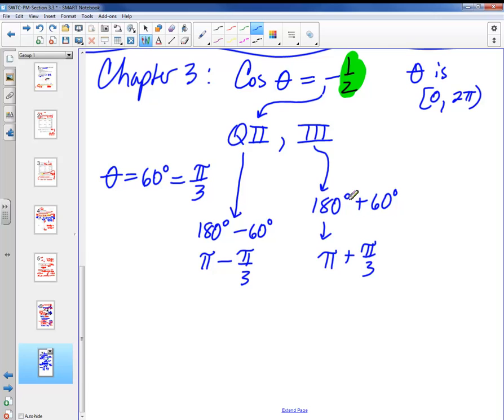So you get a common denominator: 3/3 minus 1/3, so you have 2/3 pi, and then pi plus pi over 3 is 3/3 plus 1/3, which is 4/3 pi. So your answers would be 2/3 pi and 4/3 pi. So what's changing is not the values of the function, but what the angle is. It could be in radians or it could be in degrees.